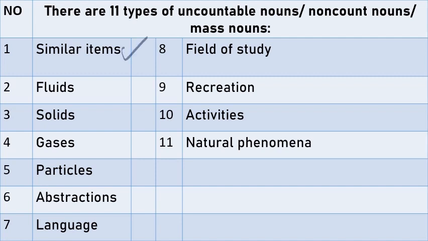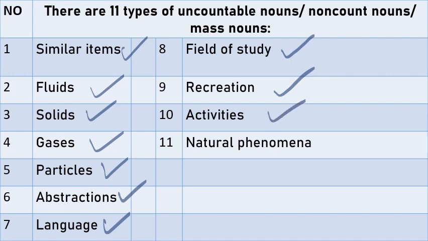Number 2, fluids. Number 3, solids. Number 4, gases. Number 5, particles. Number 6, abstractions. Number 7, language. Number 8, field of study. Number 9, recreation. Number 10, activities. Number 11, natural phenomena.